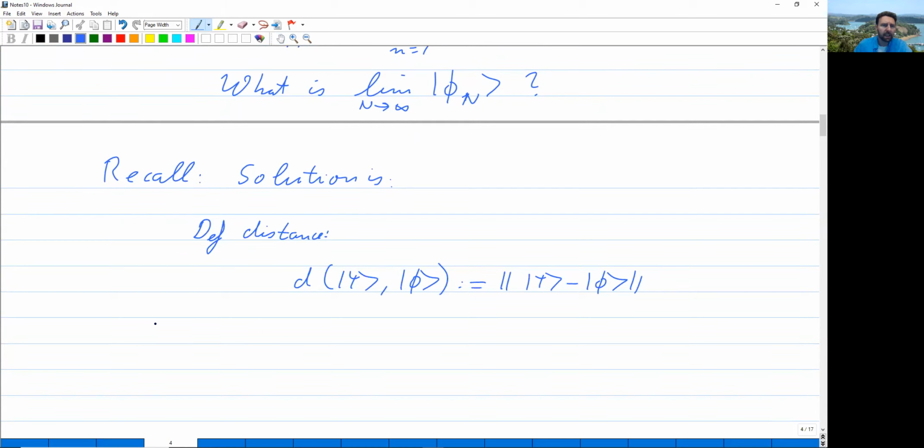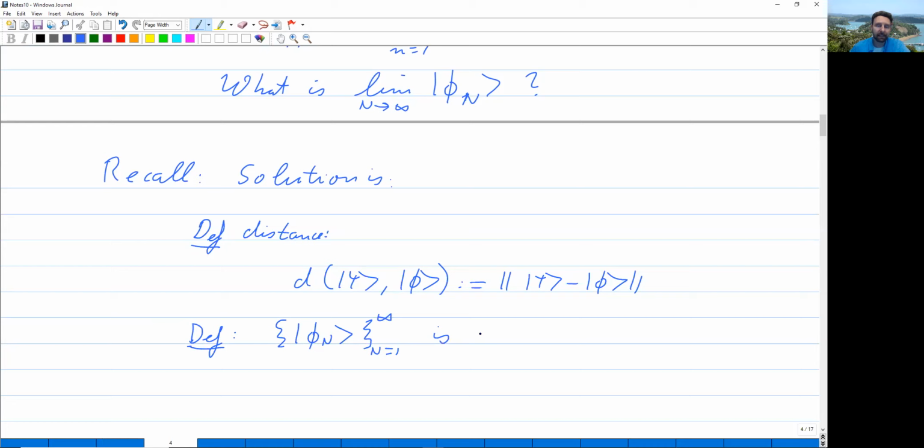And then we looked at what we want convergence to mean. So we say that a sequence of vectors, phi n, with brackets around it, n equal 1 to infinity, is a sequence of infinitely many vectors.